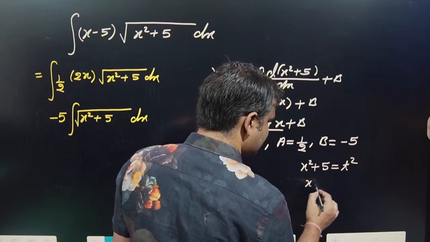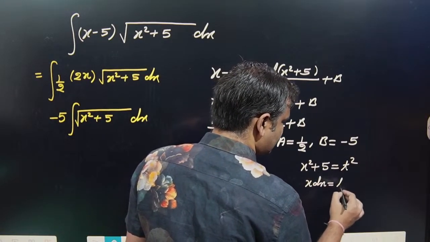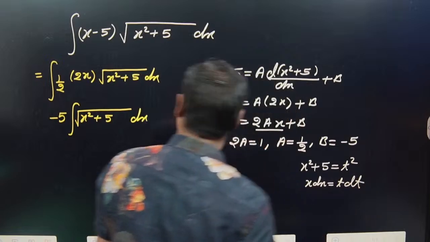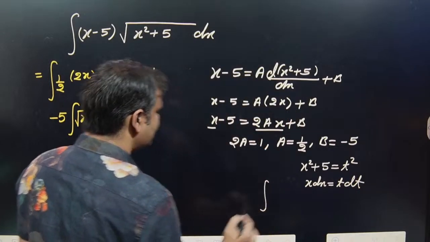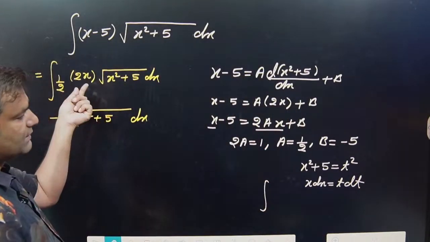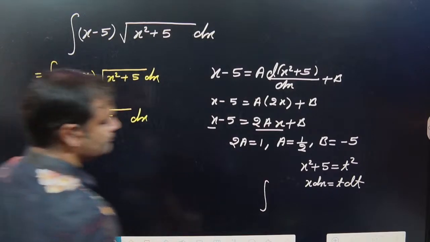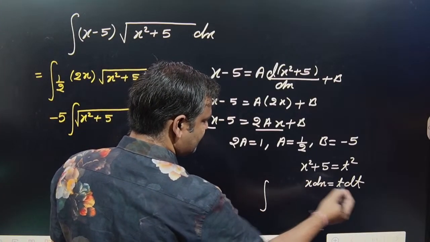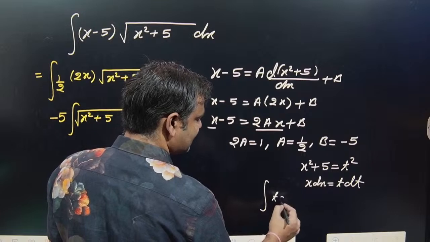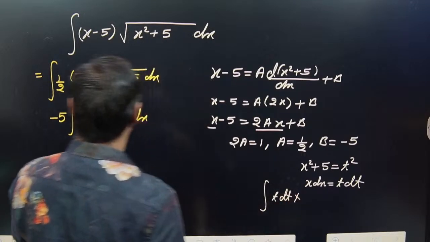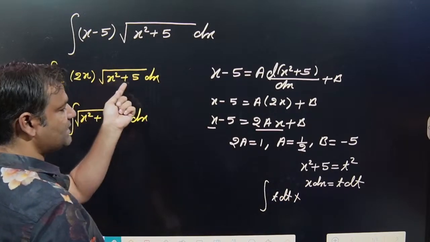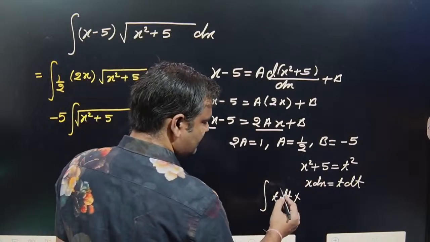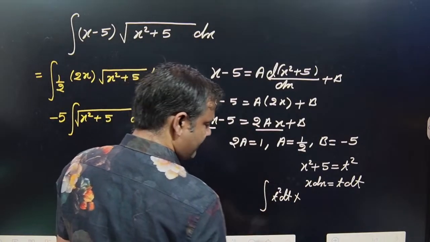So x dx is equal to t dt. So 2x into dx, basically x dx replaced by t into dt, into the square root of x square plus 5, which is simply t, so t square.